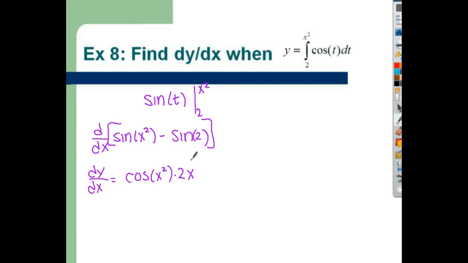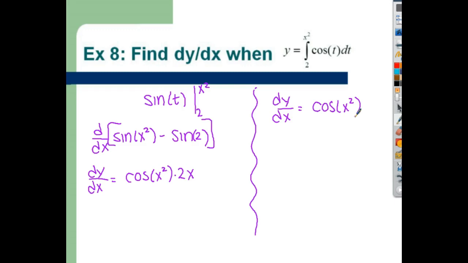But what do you notice about this answer and had you just plugged in that upper bound? It didn't match up. Now did it? Like the little rule didn't work. If you just plugged in your upper bound like you thought you were supposed to, you would have written that down as your answer.